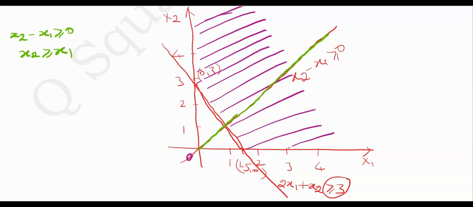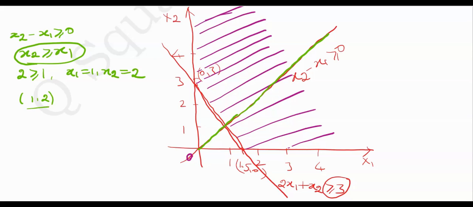Now we'll take any point satisfying this constraint, say x1 is equal to 1, x2 is equal to 2. The point (1, 2) satisfies the constraint x2 greater than or equal to x1, and it lies here. So we set this region.